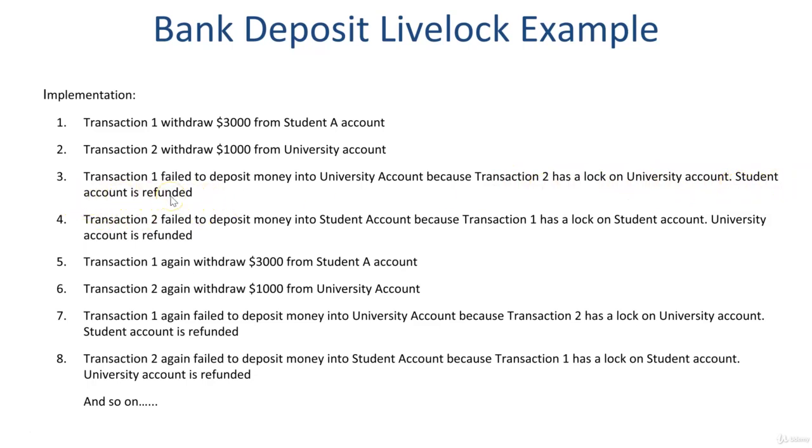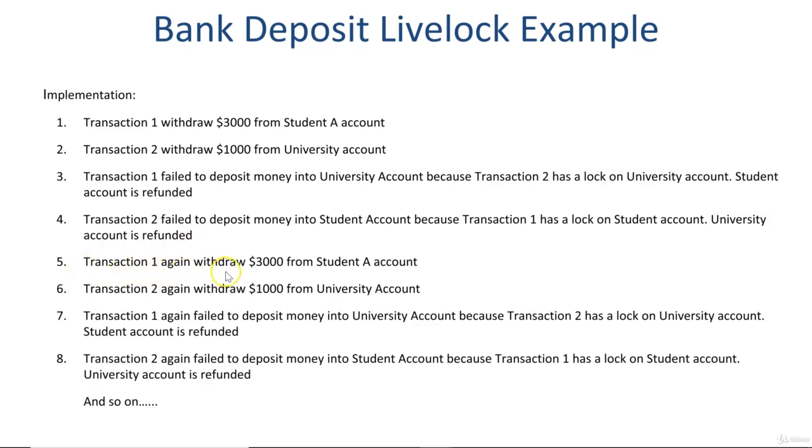So when we look at the deadlock example, we saw that there was no refunding happening. In that case, thread was constantly in a deadlock situation. But in this case, threads are trying to revert back the transaction and refunding the money back to the student account. Transaction 2 failed to deposit money into a student account because transaction 1 has a lock on a student account. University account is refunded.